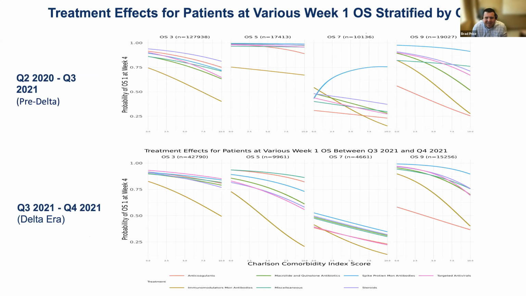We're digging in every day just a little bit more. Top row is Q2 2020 to Q3 2021, what we're going to call pre-Delta. And then the second row is Q3 2021 to Q4 2021.